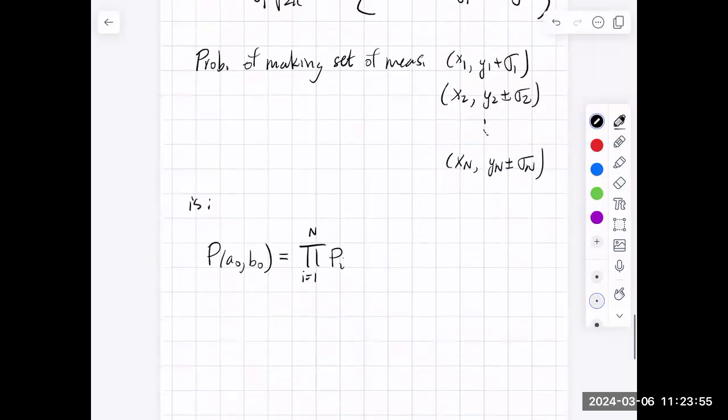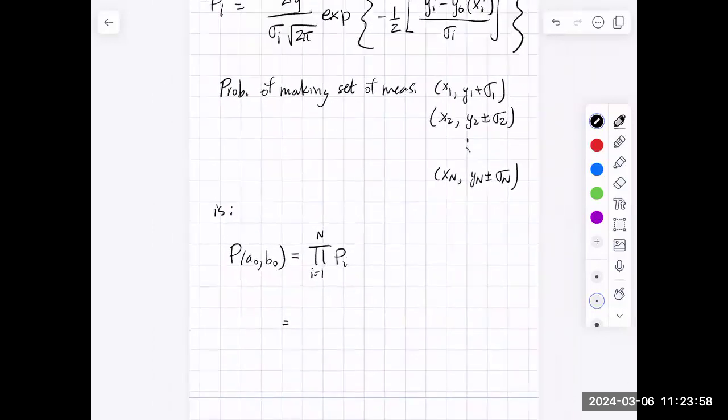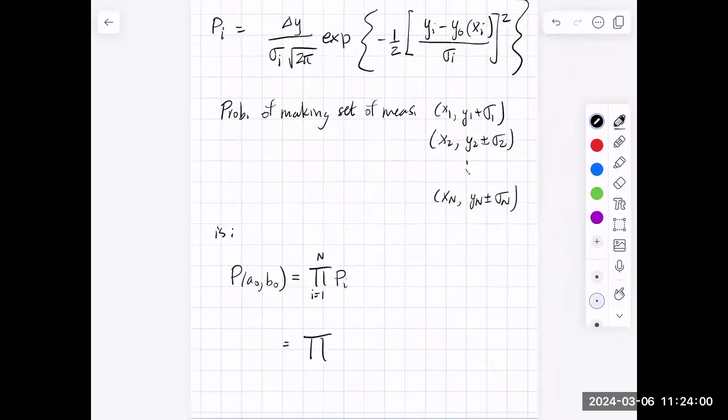which is going to be the product of i equals 1 to n of, we'll have our sigma i's and root 2 pi. Just like before, we're not going to care about this because we're going to try to maximize these probabilities by adjusting A0 and B0, and this coefficient doesn't involve those. So I really don't care about the coefficient, but there it is anyways.